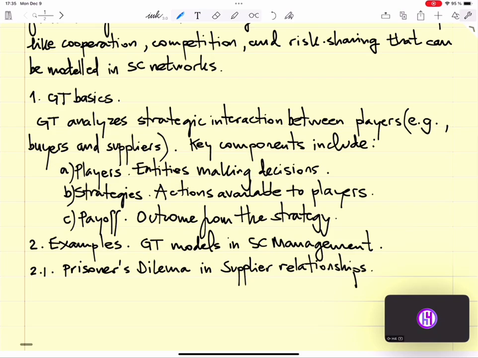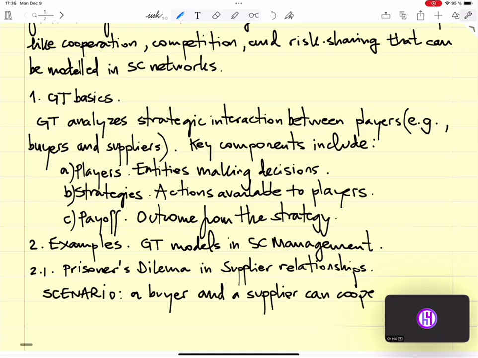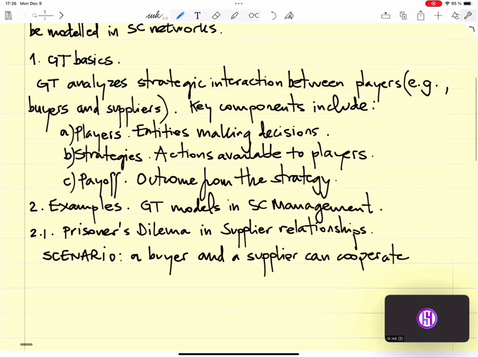So the scenario: a buyer and a supplier can cooperate, strategy 1, or defect, strategy 2. Okay, so defect is not cooperate.